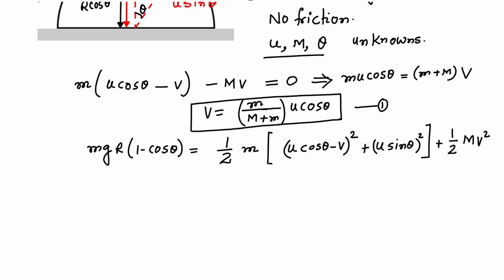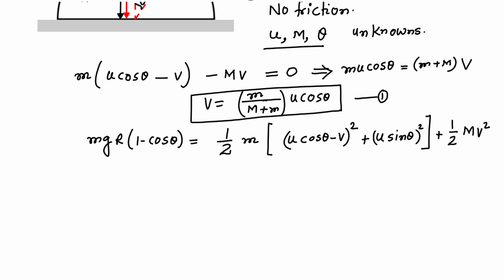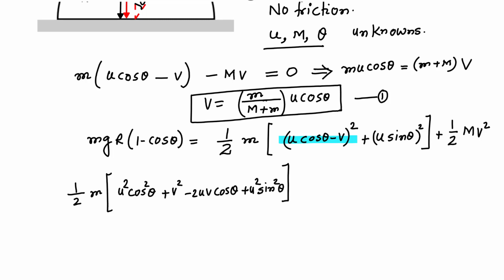So let us simplify this. We can write half m times (u squared cos squared theta plus v squared minus 2uv cos theta, plus u squared sin squared theta), plus half M v squared is equal to mgr (1 minus cos theta).